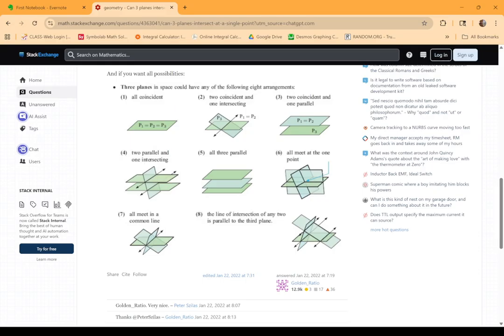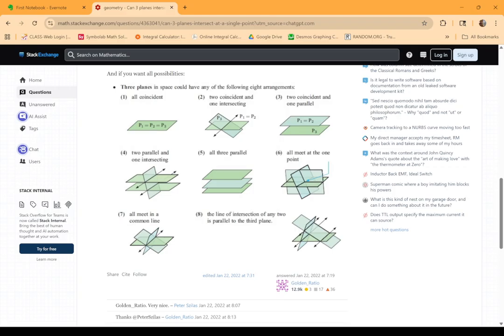All these are solution types. They all describe what can happen, and here we can see them visually. If you notice, there are really 3 possibilities, even though there's a variety of graphs here. The first one, if you look at number 6, is that they all meet at one point.